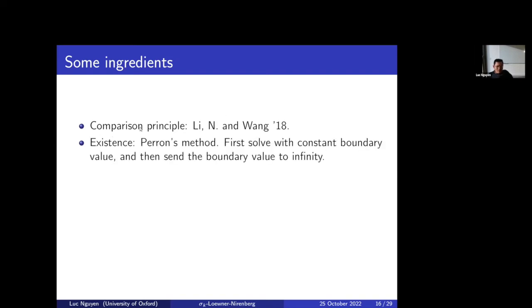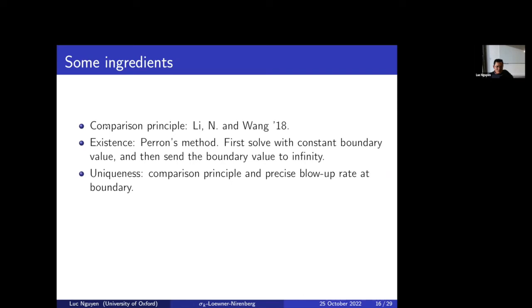Once we have a comparison principle, we can use Perron's method to first solve a problem where instead of infinite boundary values, we put a finite boundary value. For that, we use a lot of barriers that come from the particular solution on the ball that I showed on the previous page. So that gives existence.